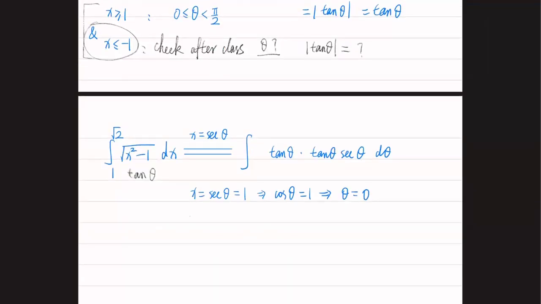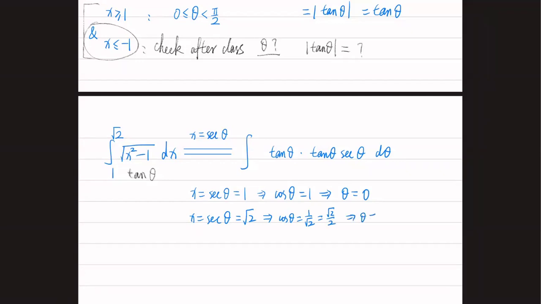Okay, the upper limit, secant is square root of 2. So, Sophia, how do you find this theta? What's cosine theta? 1 over square root 2, which is square root 2 over 2.